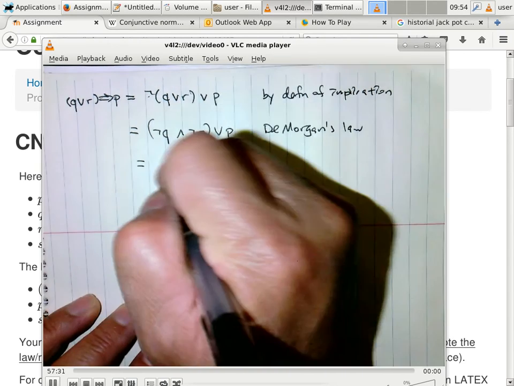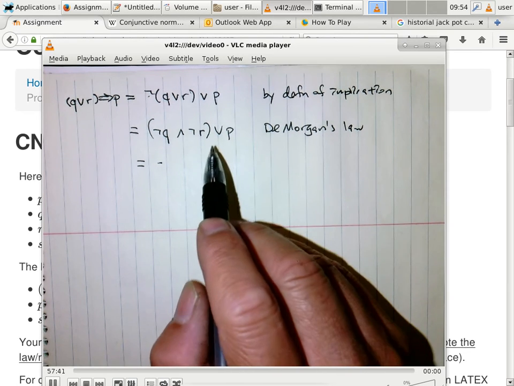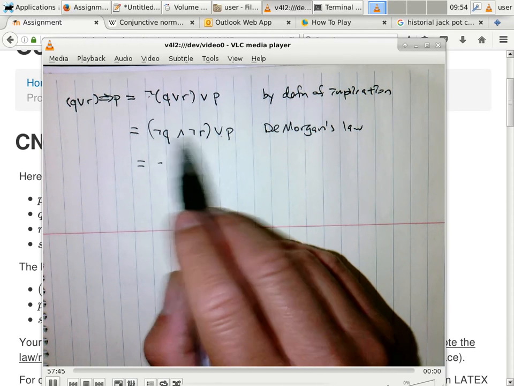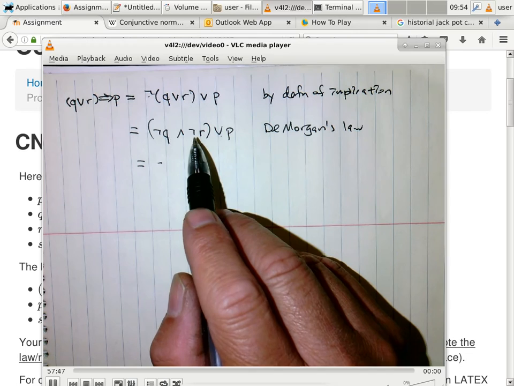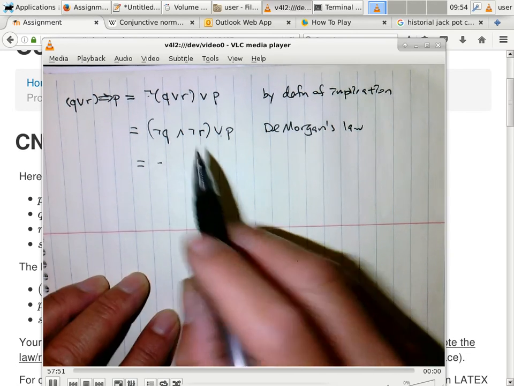I was hesitating because I wanted to see if this is already in CNF, because if it's already in CNF, then we are done. But it's not, because the last operation is a disjunction, and one side of the disjunction is not a single variable, but a conjunction. So that's why it's not in CNF already.